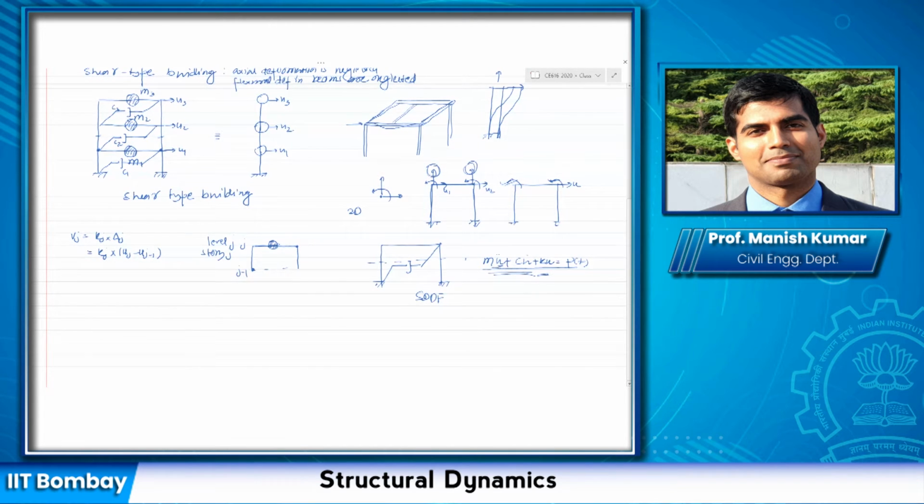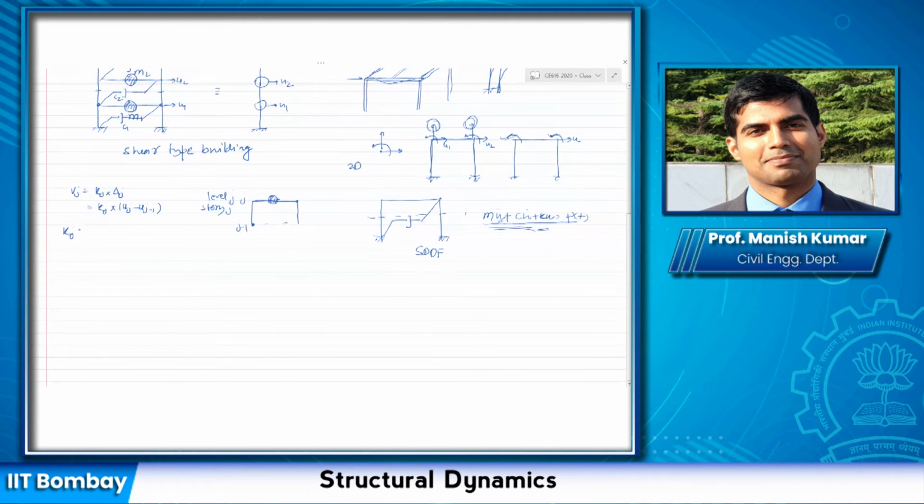Okay, and Kj for us, the story stiffness, is the sum of stiffnesses of all the individual columns that are at that level. So sum of all the columns at that level. Let us call it Ki, where i varies between 1 to whatever number of columns, or instead of writing that, let me write it K of all columns.